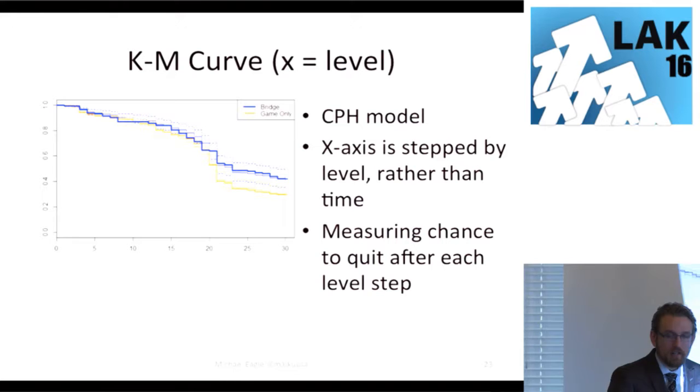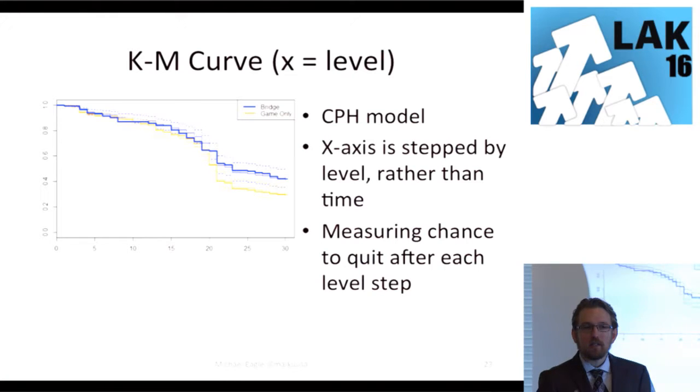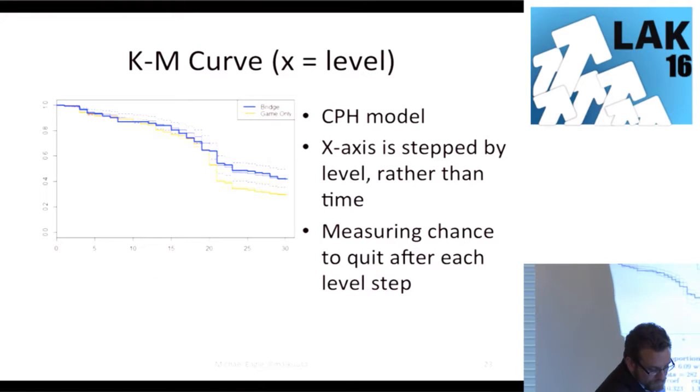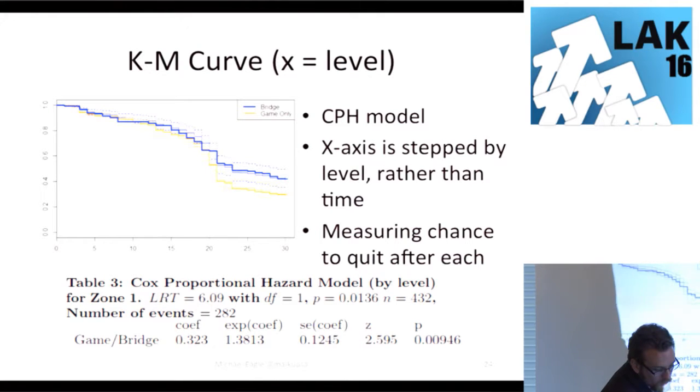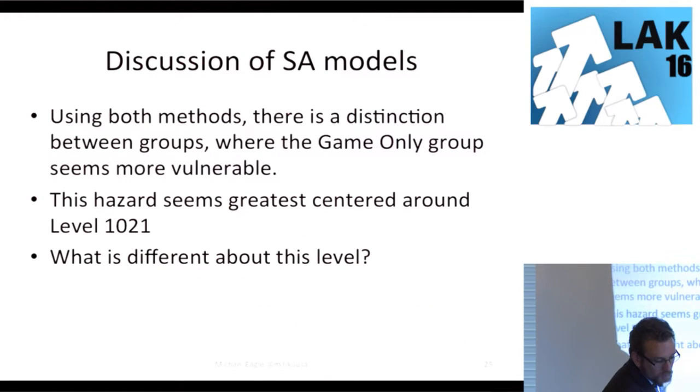And that ends up being interesting: what is it that's causing people maybe to persevere or to spend a bit more time on it? If we go by that, the game-only group is 1.3 times more likely to drop out on this particular level.